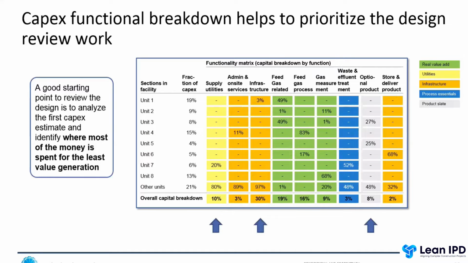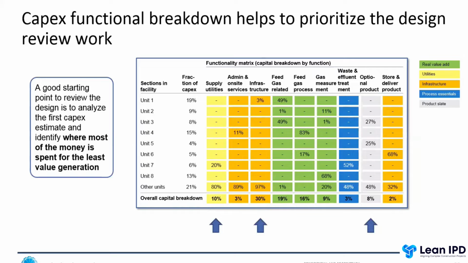Functions might be the very key functions that add value, so those that are really responsible for delivering the product the customer is looking for, which are clearly those processing units that are transforming our feedstock into our end product. And then we also see supporting functions like utilities and infrastructure.